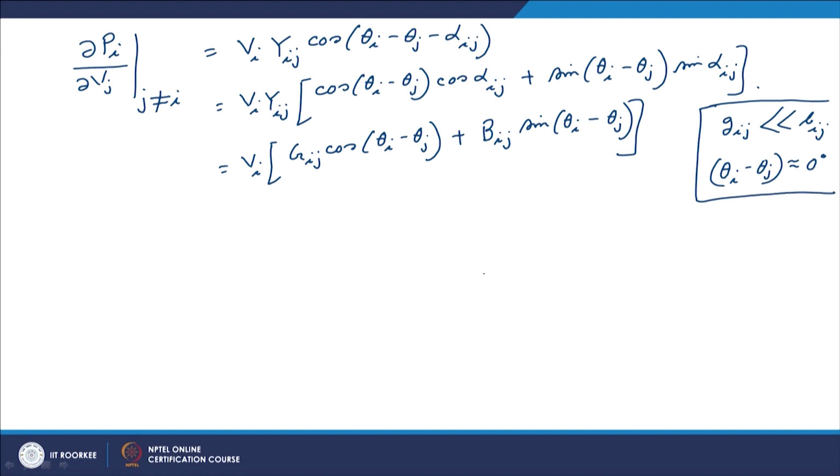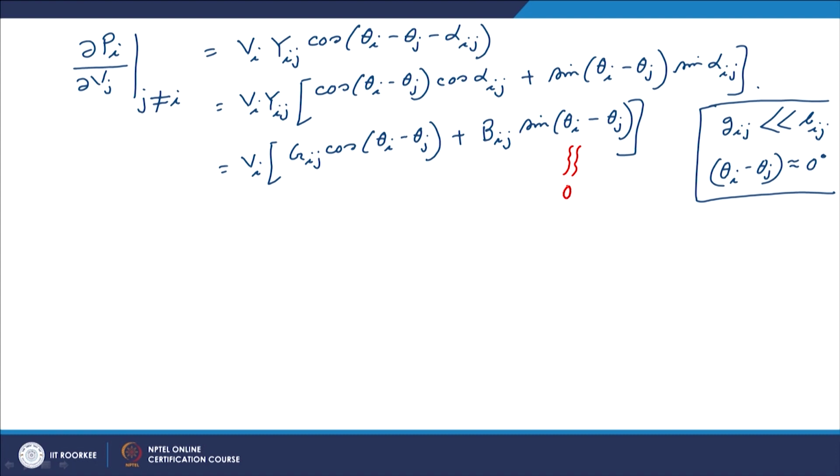If we apply these assumptions, what do we get? Because theta i minus theta j is approximately equal to 0, sin of theta i minus theta j is also approximately equal to 0.